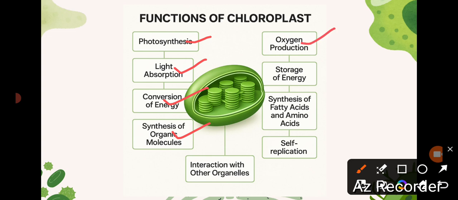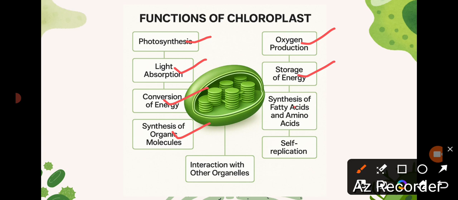Oxygen is liberated as a byproduct of water splitting, and this oxygen is helpful for all aerobic life on earth. And next is energy storage. Chloroplasts store energy temporarily in the form of starch and can convert it back into glucose when needed.